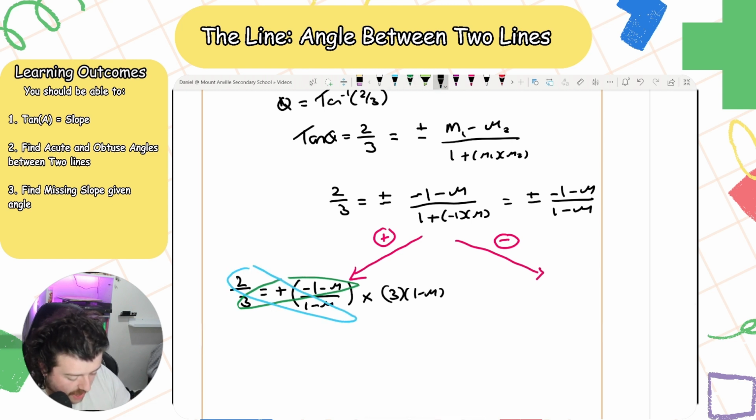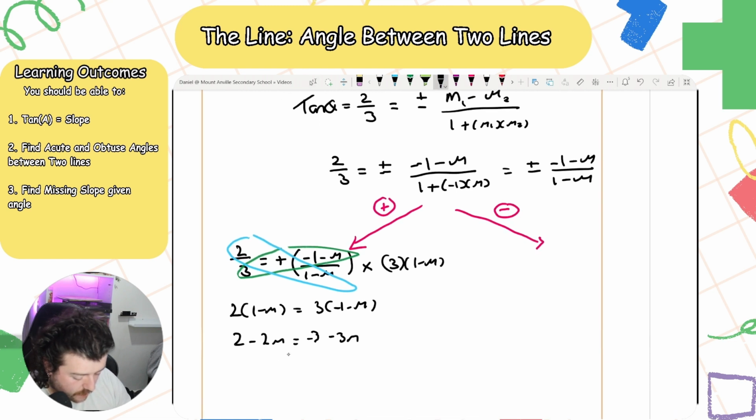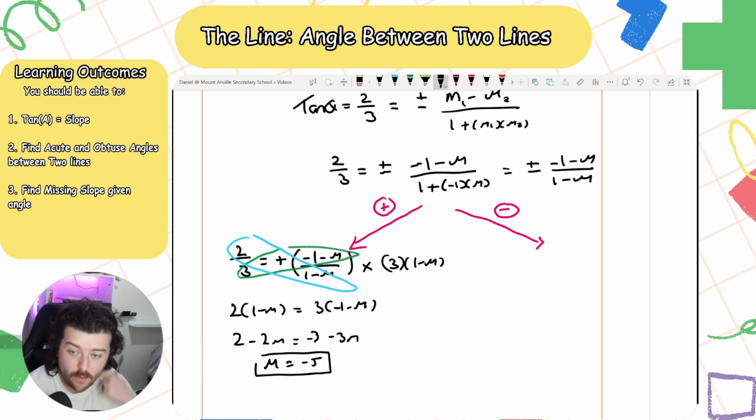I'm going to have 2 times 1 minus m is equal to 3 times minus 1 minus m. 2 minus 2m is equal to minus 3 minus 3m. m is going to equal minus 5. So my first slope is equal to minus 5.